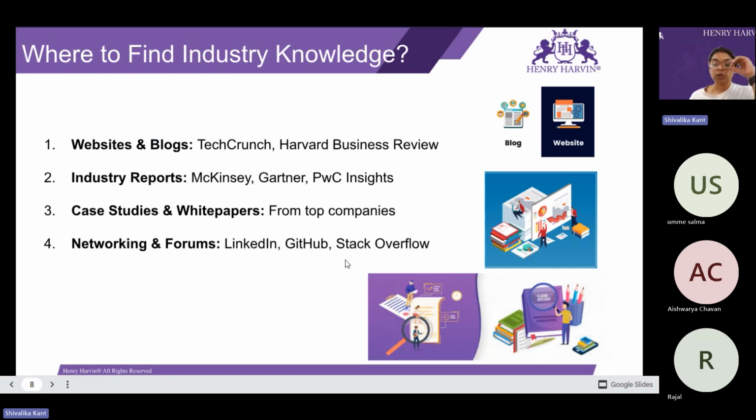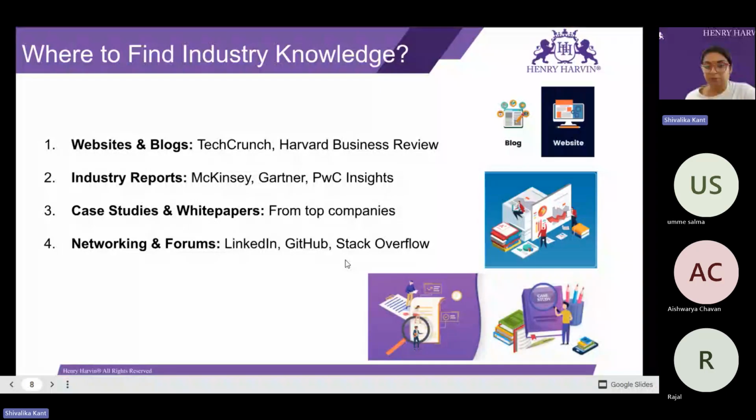Okay, so now let us understand from where we can find information about how to build our strong industry knowledge. First are official and reputed sources.